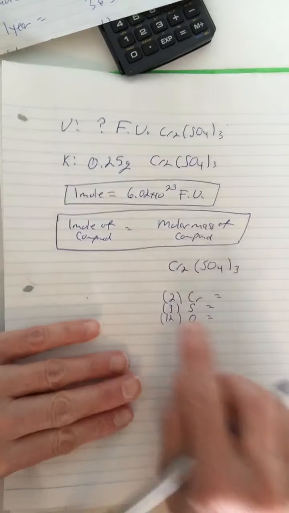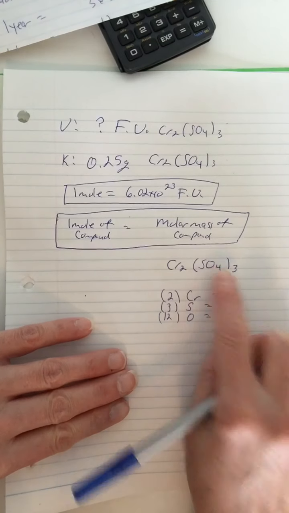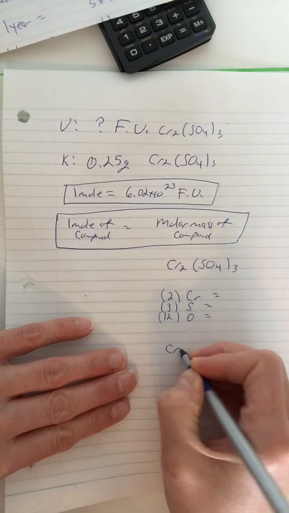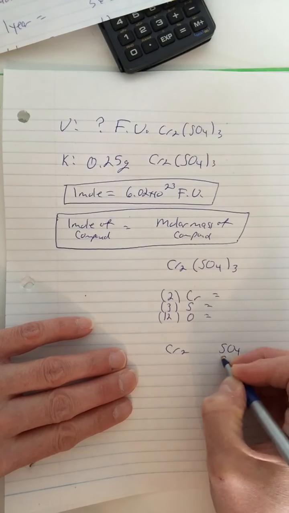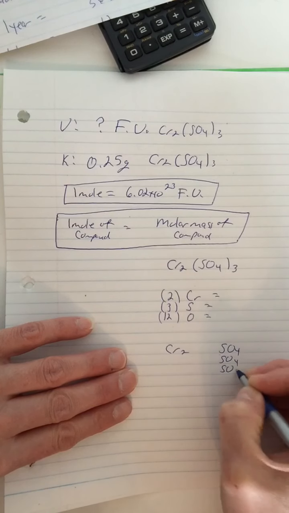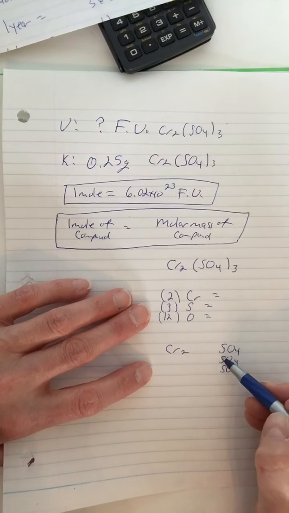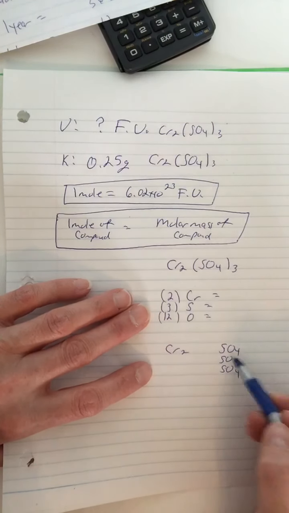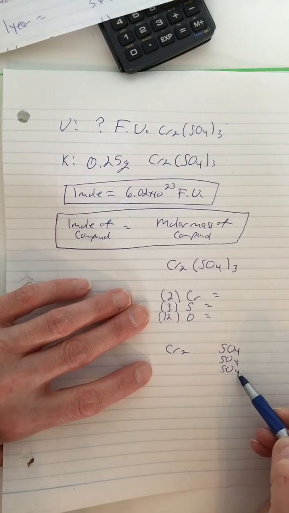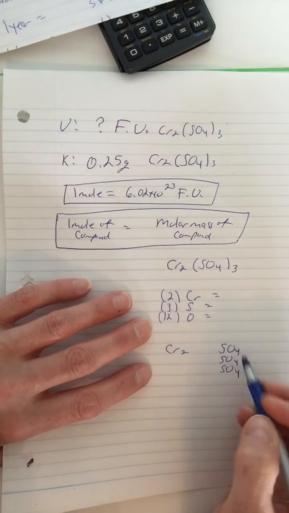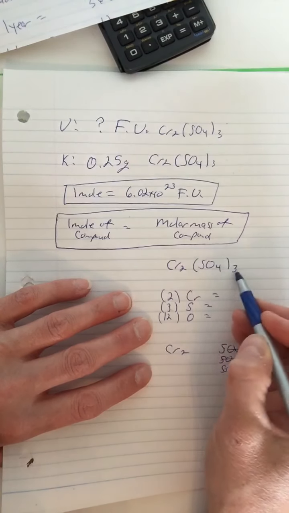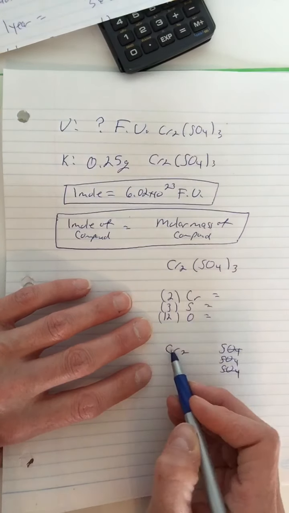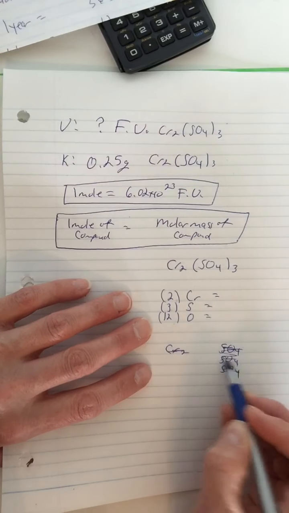Okay? So when I say that, you can also write it like this. Cr, you have 2. You can see that. And you might want to write out SO4, SO4, SO4, and then double check. You have 1, 2, 3 S's. 1, 2, 3, 4, plus 4, plus 4. That's 12 O's. So you can either write SO4 out 3 times, or you can do the little multiplication in the bracket. Either way, you should get the same thing.